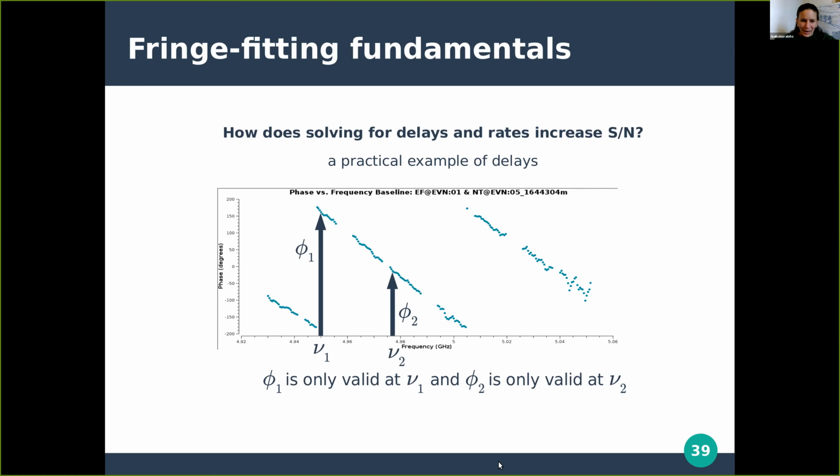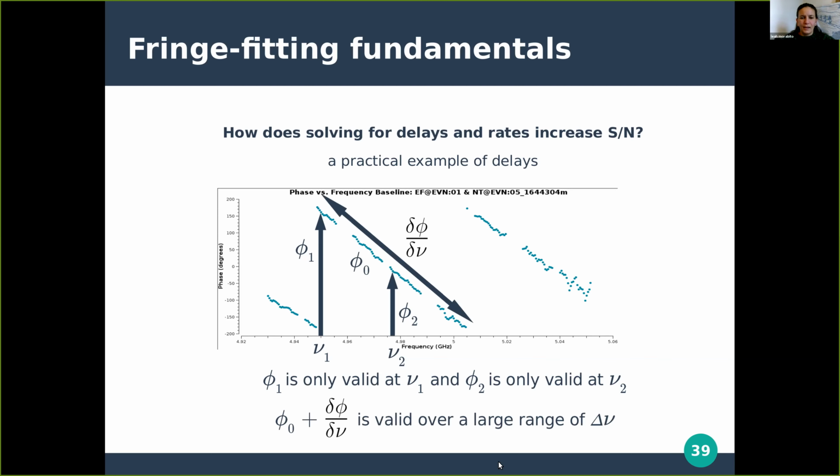This means that you have to solve in very, very small frequency intervals to get the right phases for that particular frequency. However, if we now do fringe fitting, which means that we also estimate the delays and the rates, but this is a delay example, then what we're solving for is a phi naught at whatever frequency and the slope here.